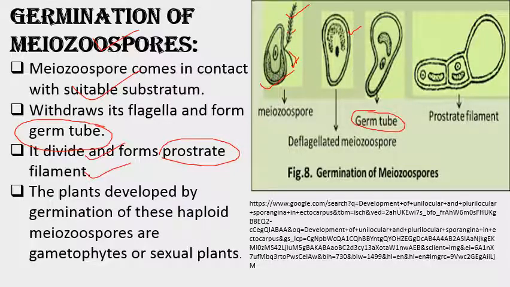It will divide again and again and will form this system which is known as prostrate filament. So the plants which are developed by germination of these haploid meiozospores are gametophytic, means they are haploid, and these are also known as sexual plants because they will bear the sex organs for sexual reproduction.